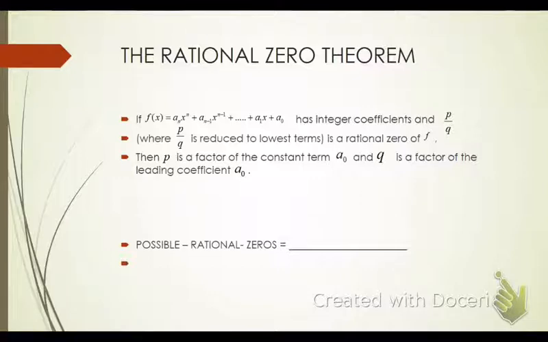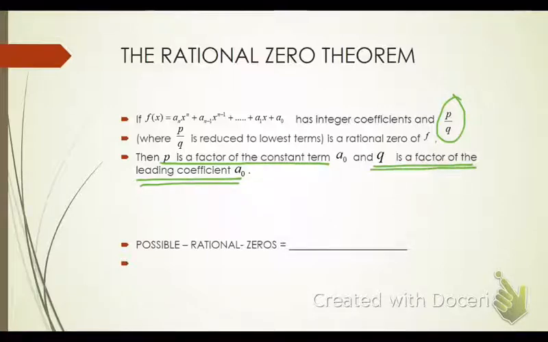All right, so the rational zero theorem tells us basically that we have to take p and divide it by q. When you read this theorem, it tells you that p is the factor of the constant term and q is the factor of the leading coefficient.